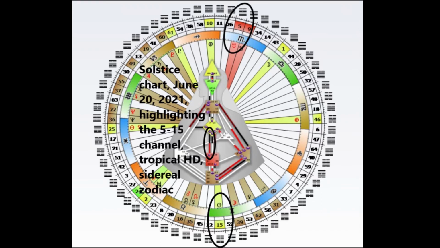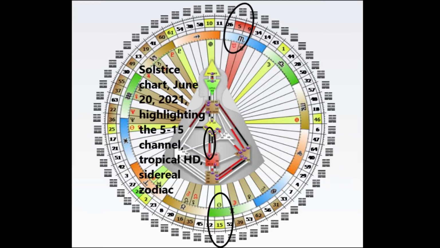Other people typically use the tropical zodiac and the tropical gates, or sometimes use the sidereal for both, where they shift the gates along with the signs. So my take is a little unique in that way.